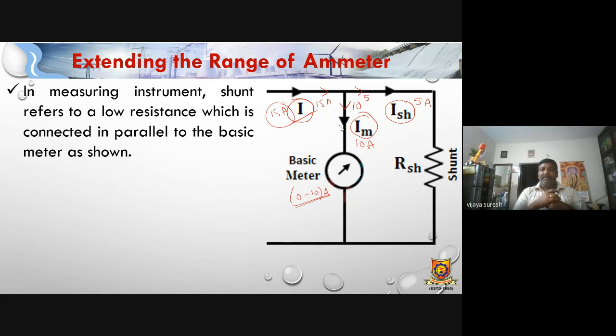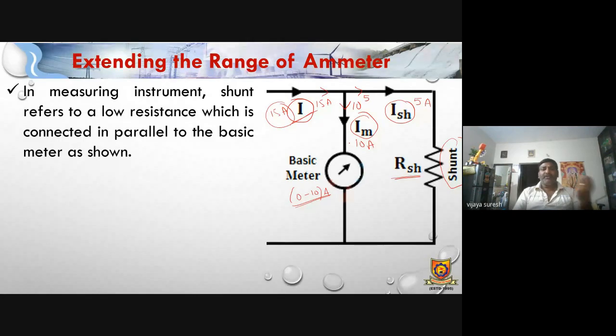In a parallel path, the current splits based on the resistance value. So here I am going to connect a shunt resistance. Observe here, this is a shunt resistance, RSH, which is kept in parallel with the ammeter or basic meter, whatever you call it.